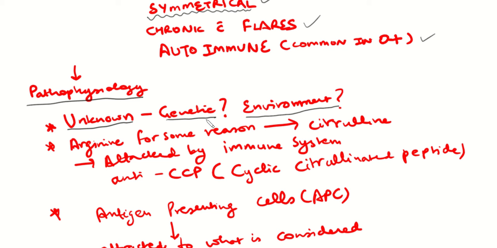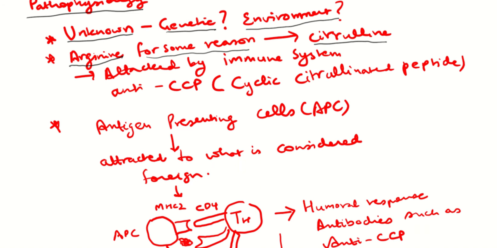We have a protein in our body, arginine, and in some people, for some reason that we're not sure about, this protein gets converted to citrulline. Okay, and this citrulline gets tagged or gets identified by the immune system as a bad actor.